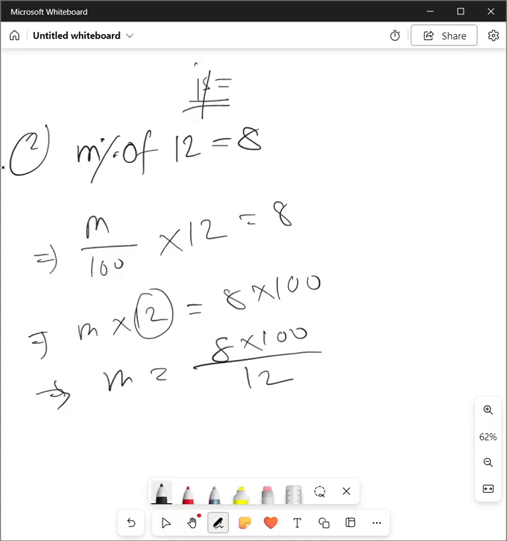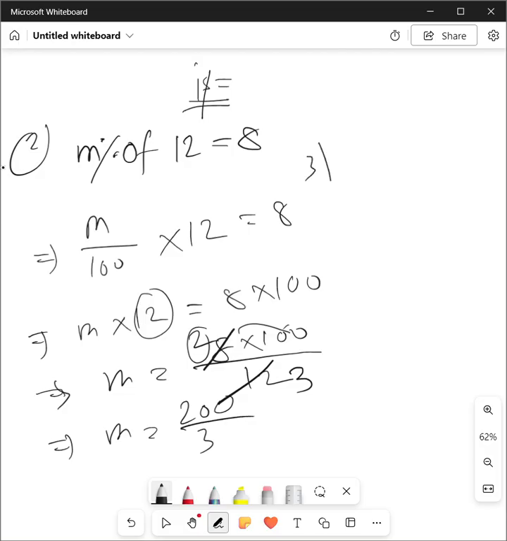We know that both can be divided by 4, then it will give 200 over 3. So we need to do the division part here.